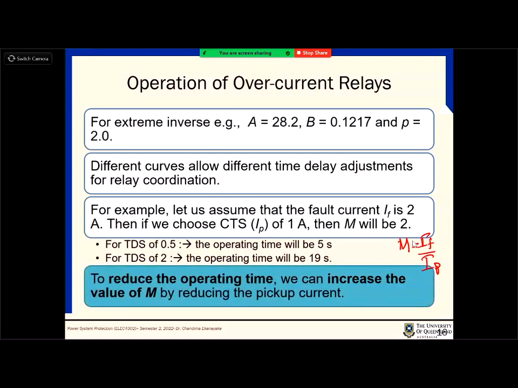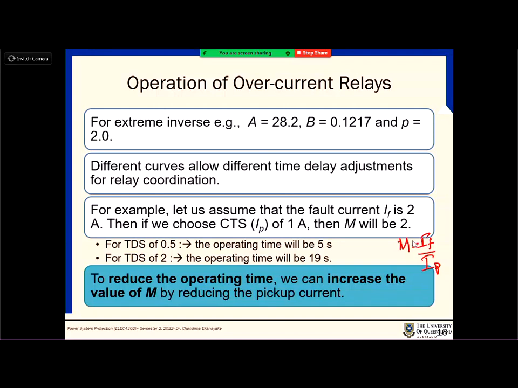The one thing you need to understand from this explanation is that if you want to reduce the operating time, you can increase the value of M by reducing the pickup current. You can increase the value of M in two ways. It's not always the fault current magnitude. If you reduce the pickup current, then M will also increase, which means your relay is sensitive to smaller fault currents.